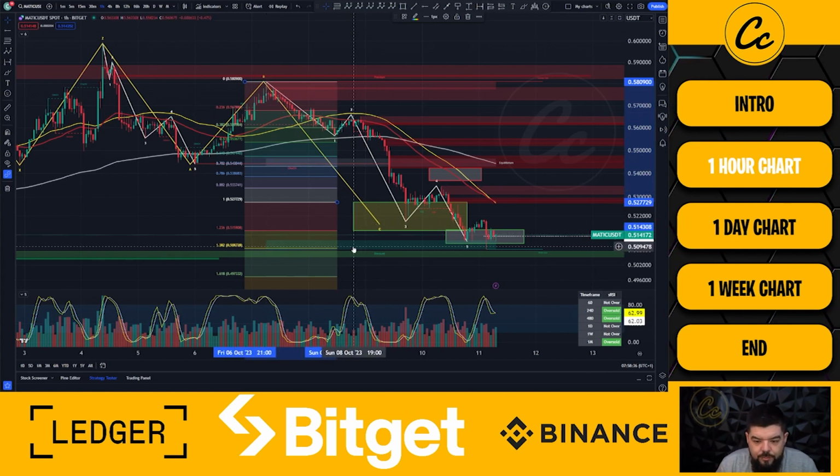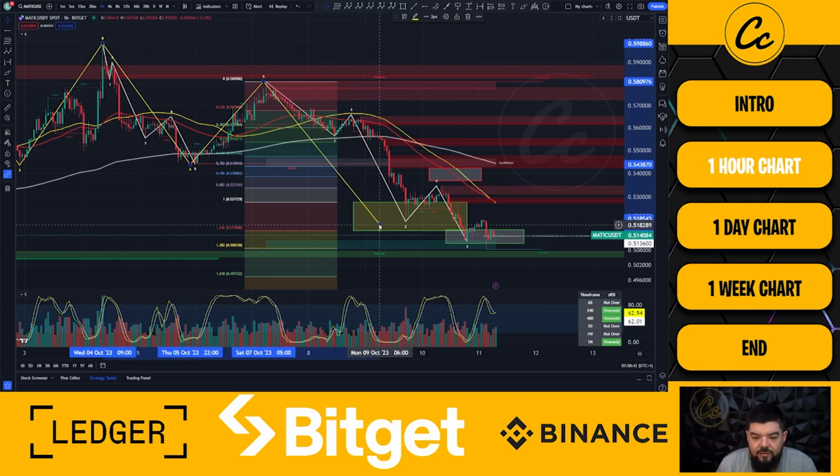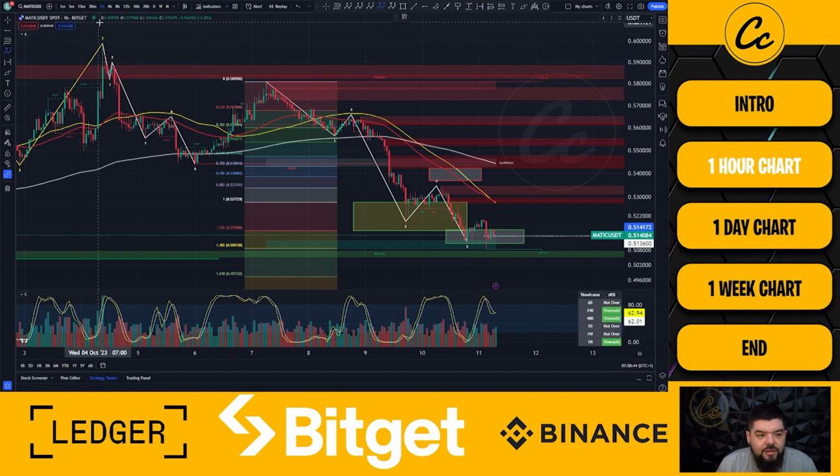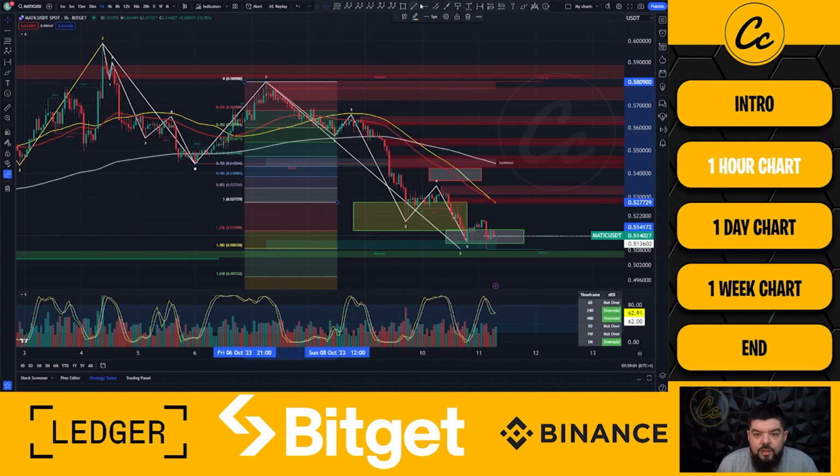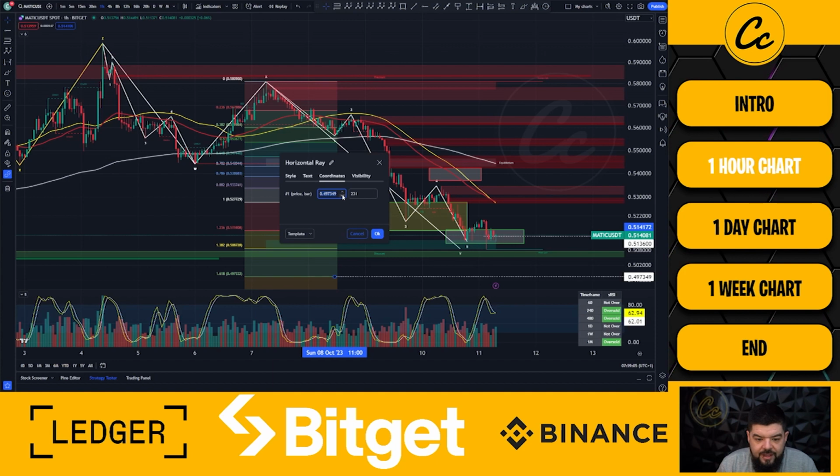We can see the 1.382 coming here at 50.8728, and we have indeed now gone to a WXY, still a corrective structure, which will look like this, W, X and Y over here, where we can see this wick just a few hours ago coming down to 50.8351, hitting that 1.382.